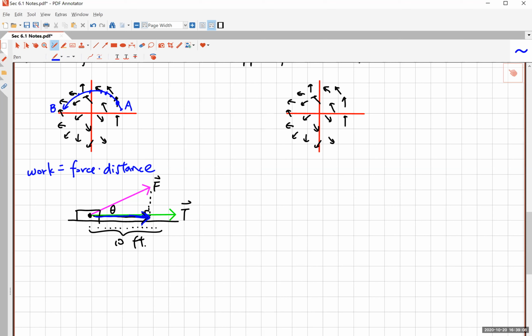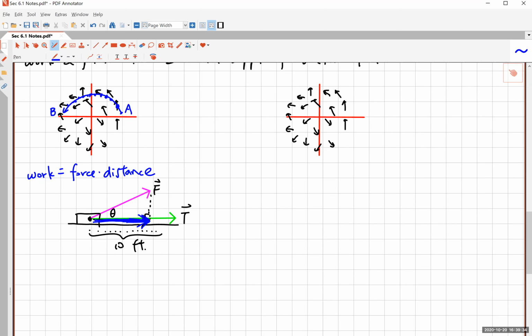At every single point of this path from A to B, you can evaluate what the magnitude is for the component that is in the tangential direction. All right, so that would be this vector that is drawn in blue. Okay, well, let's try to figure out what that force is. What is the magnitude of this force in the direction of the motion?